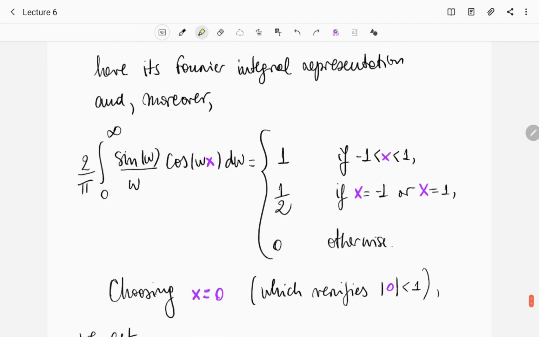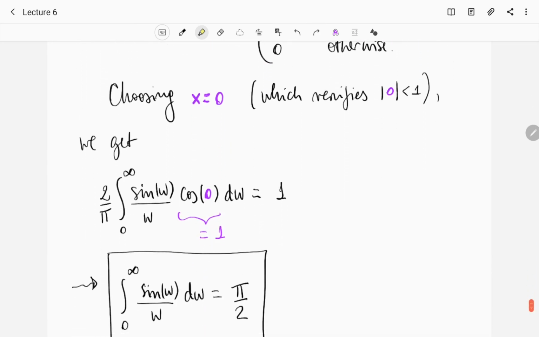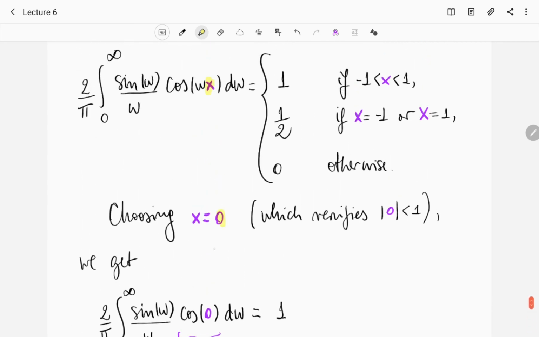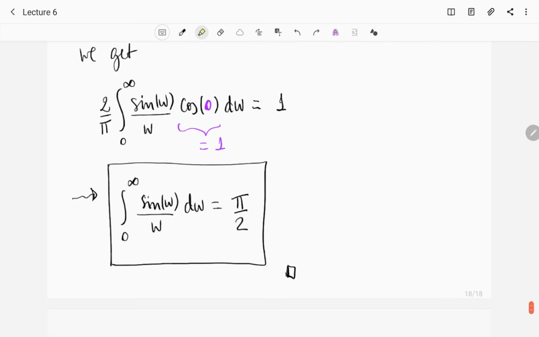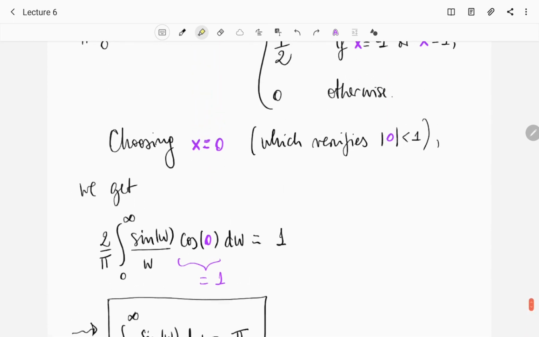Okay, so if we choose x equal to 0, which verifies absolute value of x strictly less than 1, so we are in this case, we know from this huge identity that we have here, 2 over pi times the integral from 0 to infinity of sine of omega over omega times cosine of omega x, and here we have x equal to 0, so since cosine of 0 is equal to 1, this factor kind of disappears, and we are in this case, as we saw.